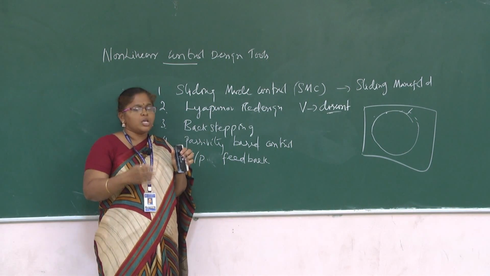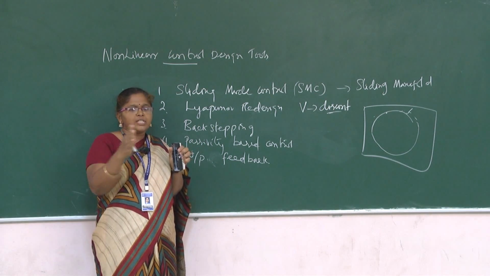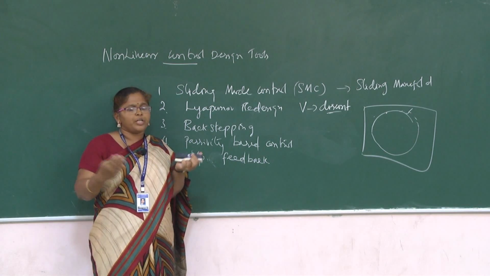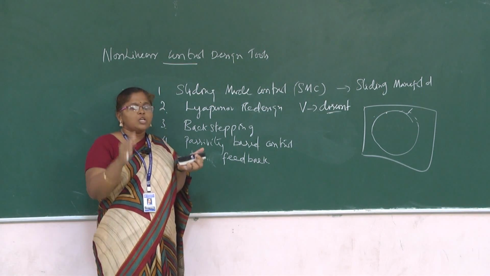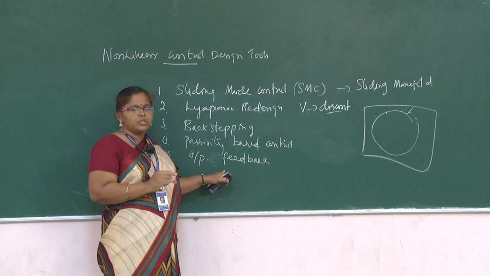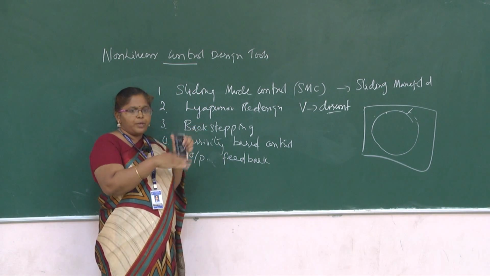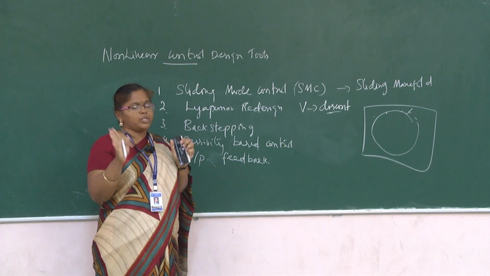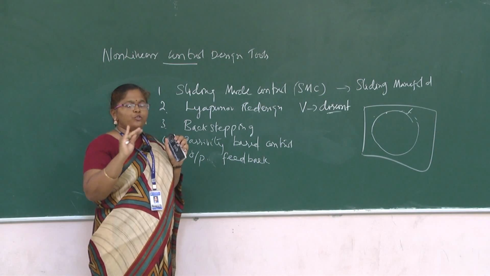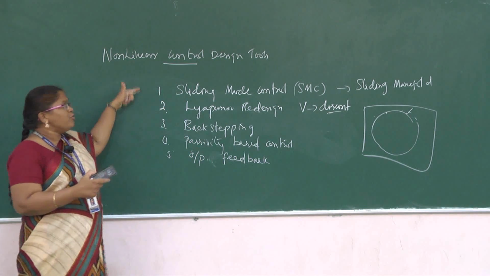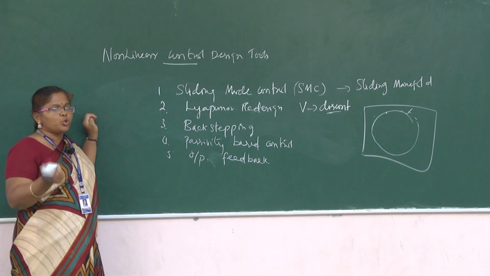In order to understand each and every state, sometimes we may not have sensors to measure all the variables. There we have to estimate them. Estimating means we are going to observe the system. So instead of taking state feedback, if you take output feedback, you have to use a high observer gain. Observer means estimator. If you use a high gain observer, then we can easily address the issues. So these are the 5 different non-linear control designs.